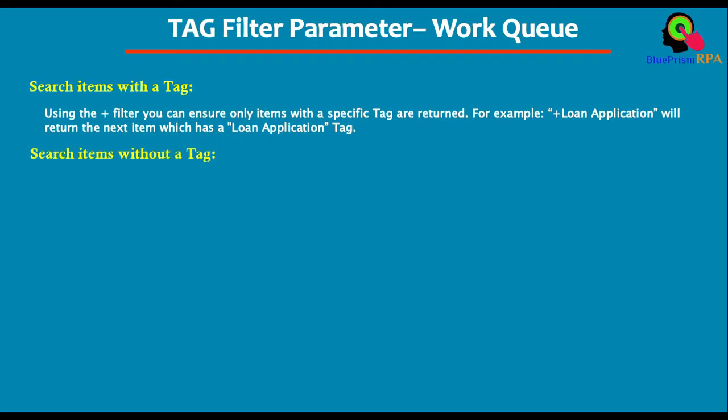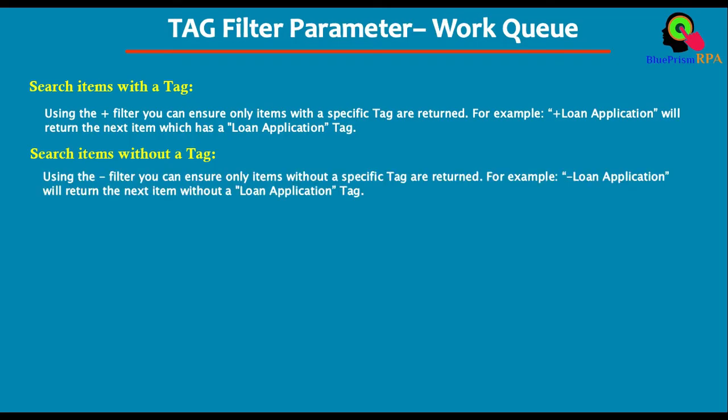Second, we have search items without a tag. Let's say you want to get the next item, but based on the tag you don't want a specific tag. You don't want an item which has a specific tag name. Using the minus filter, you can ensure only items without specific tags are returned. For example, if you put minus loan application, it will return the next item without a loan application tag.